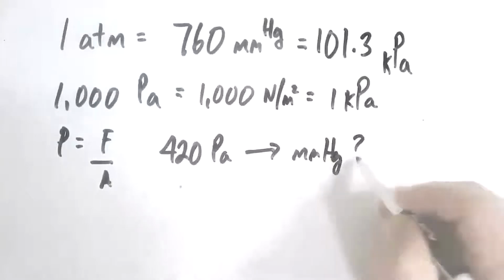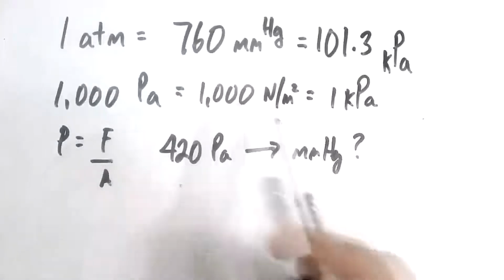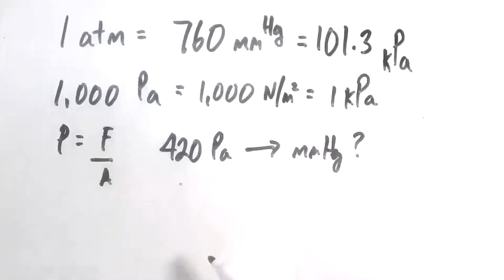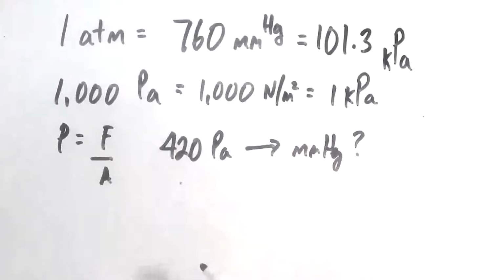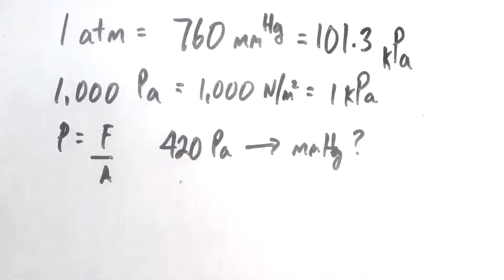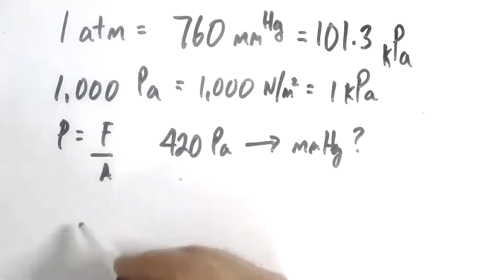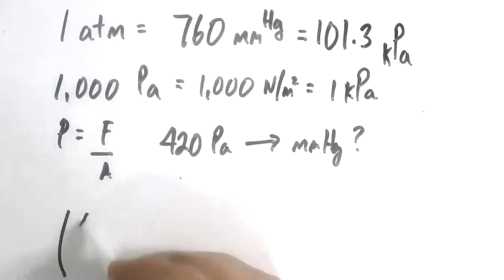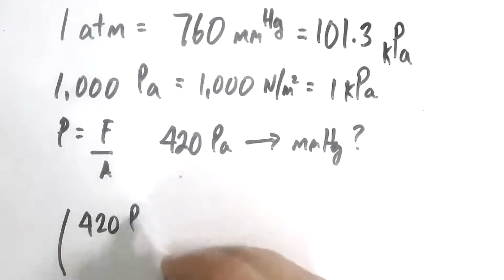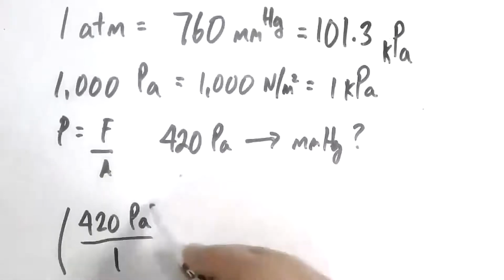In this case, we don't have a one-to-one conversion factor possible, so we're going to need more than two fractional setups. So again, we write our given first as a fraction over 1 inside parentheses.